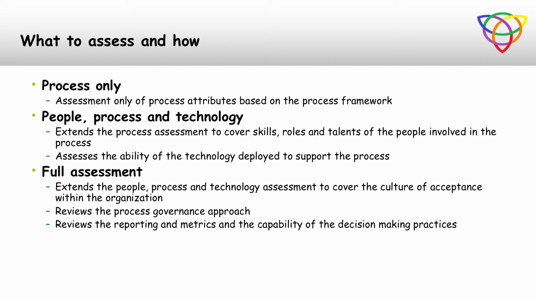Now, people assessment will look at skills and will look at talent, as it were. Whereas full assessment will also look at culture, will look at decision making. And a full assessment will allow us to identify areas of resistance, and allows us to identify opportunities for improvement, not just in process maturity, but also in the maturity of our service provider organisation as a whole.